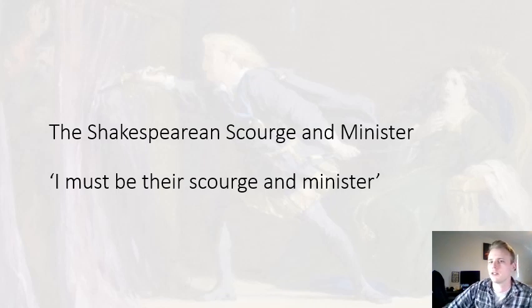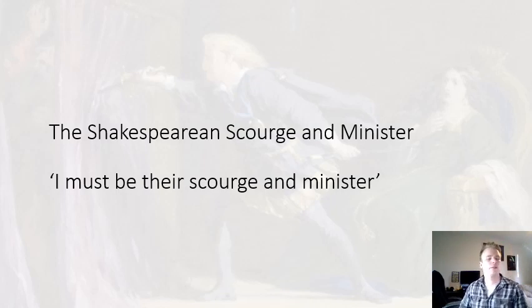Right, now the next bit you need to talk about is to have a look around the idea of the Shakespearean scourge and minister, because at the end of Act 3, Scene 4, not quite at the very end, in my version around line 170, but it would be slightly different in different versions: "For this same lord I do repent, but heaven hath pleased it so to punish me with this, and this with me, that I must be their scourge and minister."